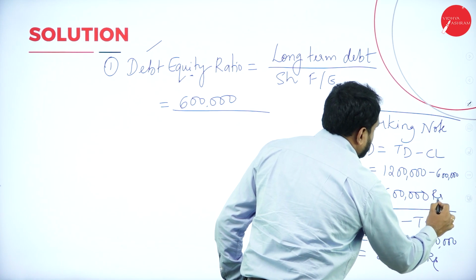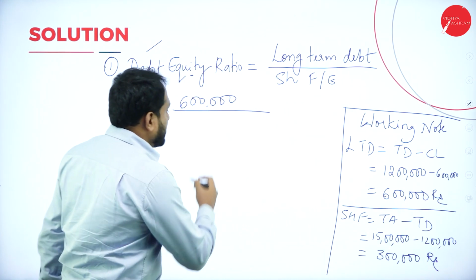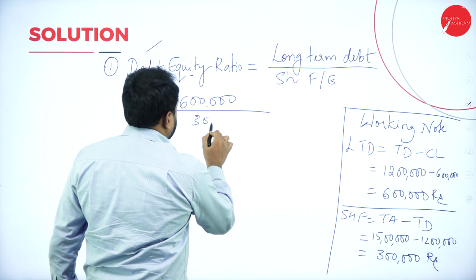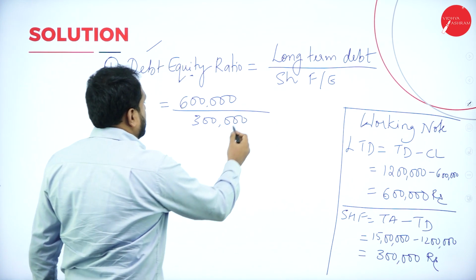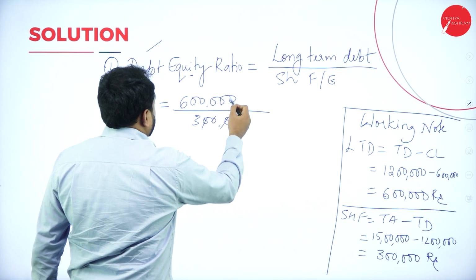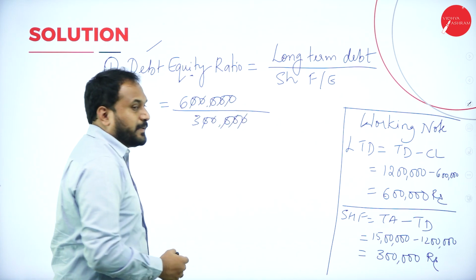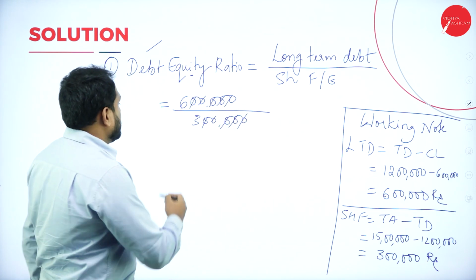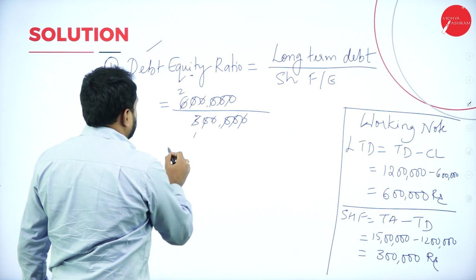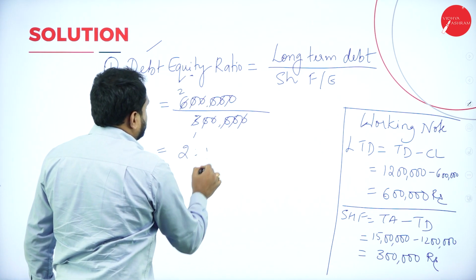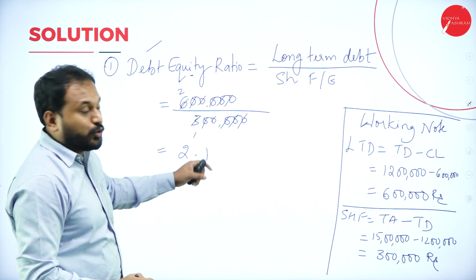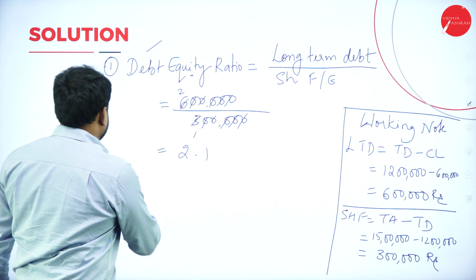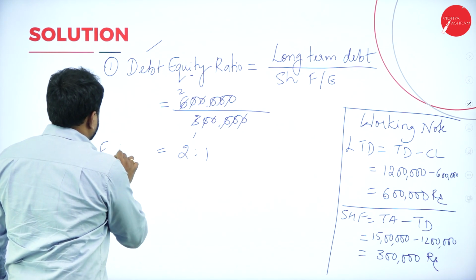Here also, rupees. Done. So 6 lakh divided by 3 lakh. Now understand. 6 by 3. So how much is it? 2. That is here 1s are, here 2s are, is equal to 2:1. What is your debt equity ratio? 2:1. That is my debt equity ratio.